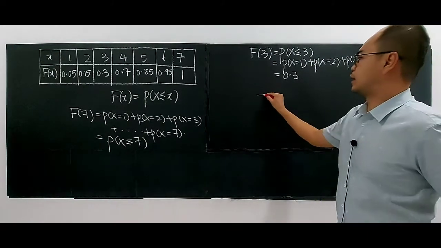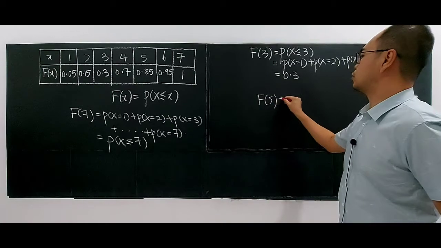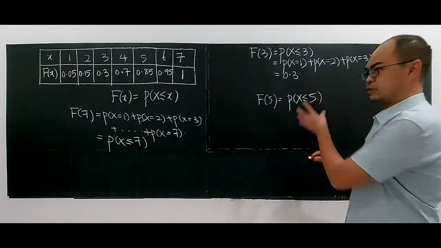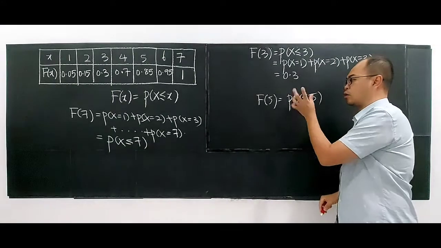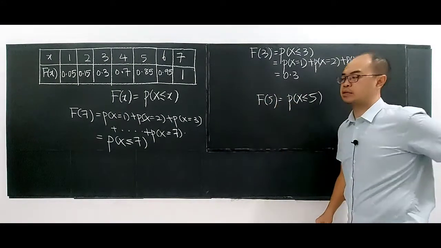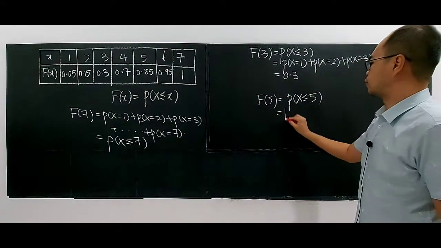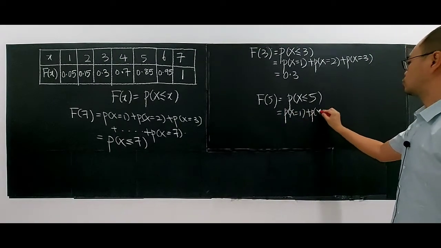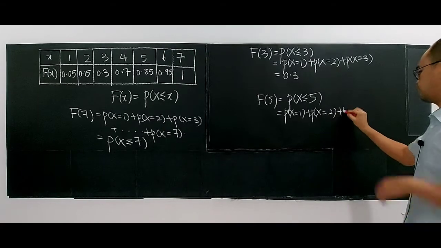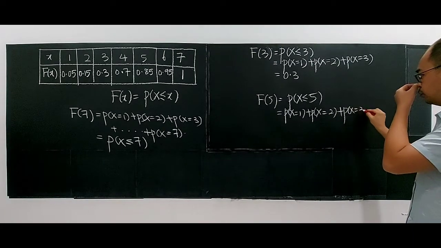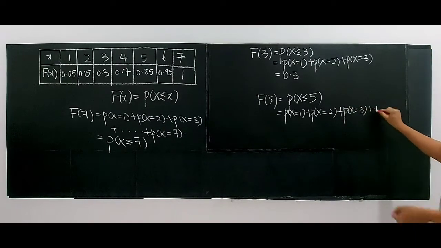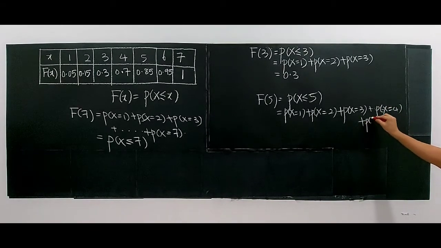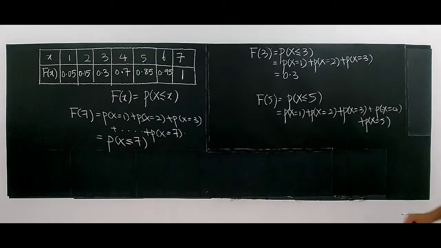So if I say F(5), you know F(5) can be rewritten as X less than or equal to 5. Whether you write it in this way or this way, they bring the same meaning, okay? So this is P(X equals 1), P(X equals 2), added up to P(X equals 4) plus P(X equals 5), right?